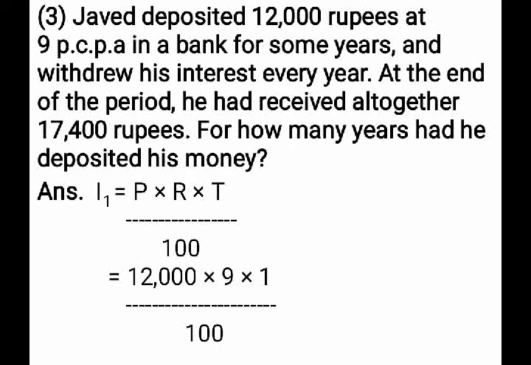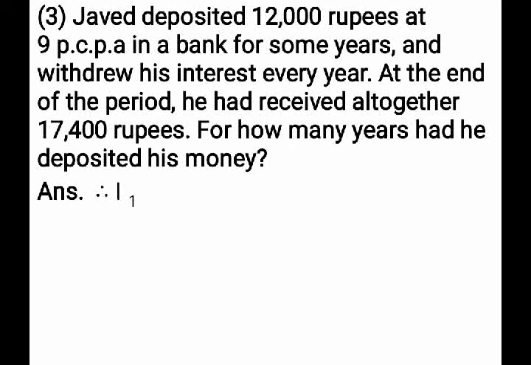Cancel the zeros on numerator and denominator. Now multiply 120 into 9. 12 nines are how much? 108, and 1 zero is left. That is 120 into 9. How much will come? 1080. Therefore, interest 1 is equal to rupees 1080.